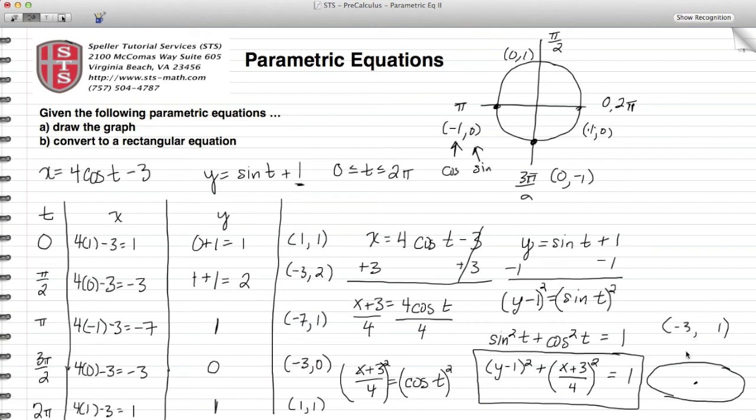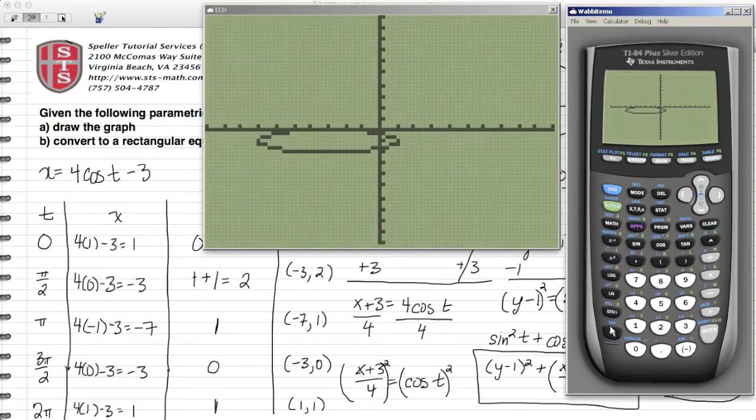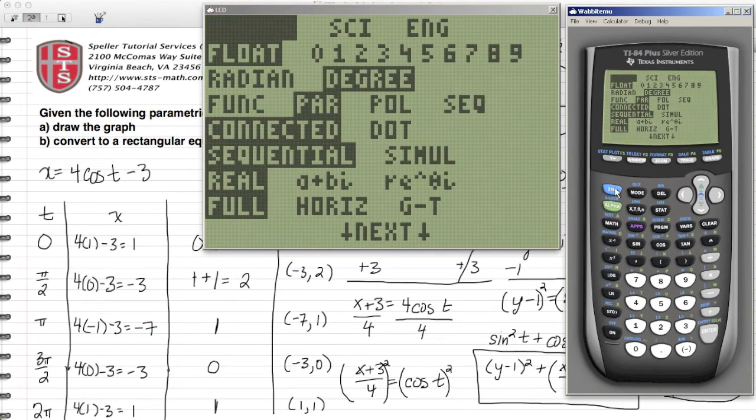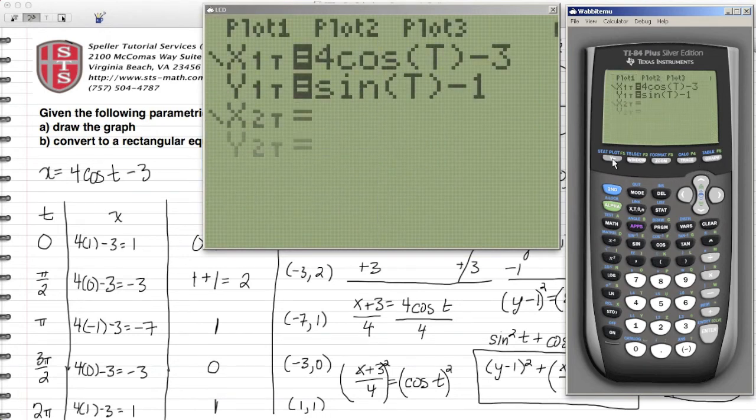Now let's call up the calculator and actually complete the graph. First, you want to make sure that the mode that you're in is parametric mode. And once you've verified that, you want to go and put in your values for your parametric equations.